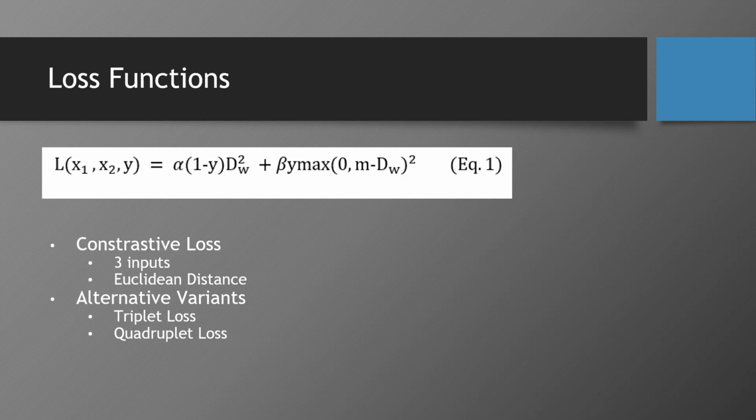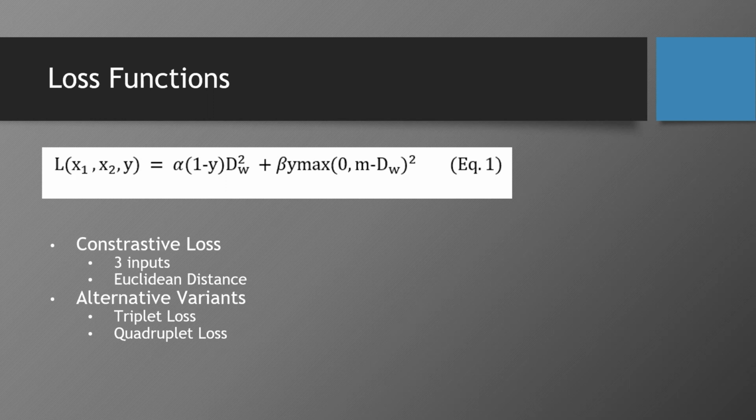And dw is the Euclidean distance. Of course, for this contrastive loss we could use another distance, but we just do the same thing as in the SIGNET paper, so we just use Euclidean distance. There are some alternative variants.